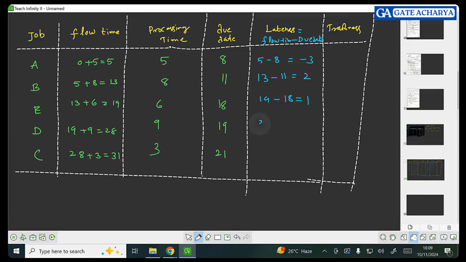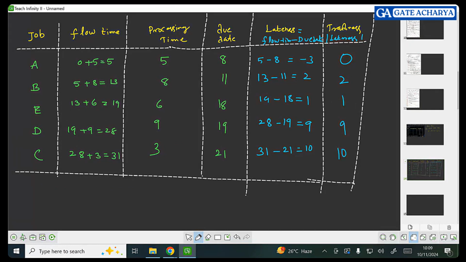Next 28 minus 19, how much is it? 9. Now 31 minus 21, it is going to be 10. Tardiness is the modulus of lateness, that means positive lateness. But here we have a negative, so we have to consider 0. So 0, 2, 1, 9, 10.